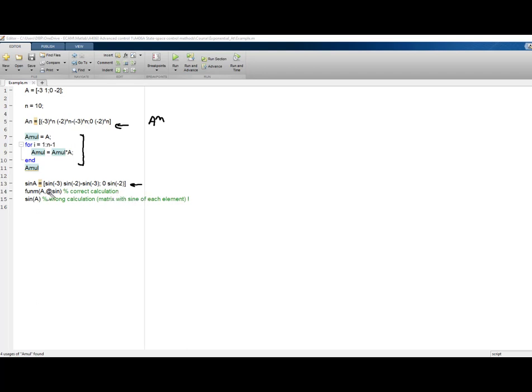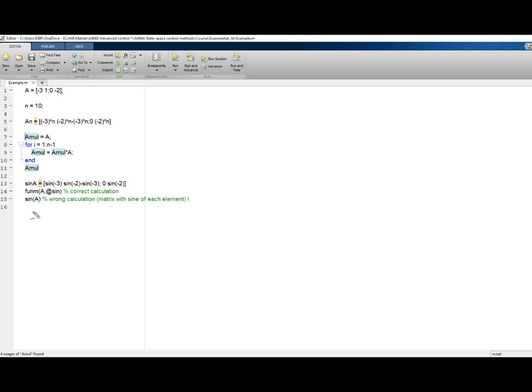In order to obtain the sine of a matrix, you have to use this command funm, so fun matrix, and this will compute the correct way of obtaining the sine of A. If you do simply sine of A, it will simply compute a matrix with the sine of each element. So this one is wrong over here.